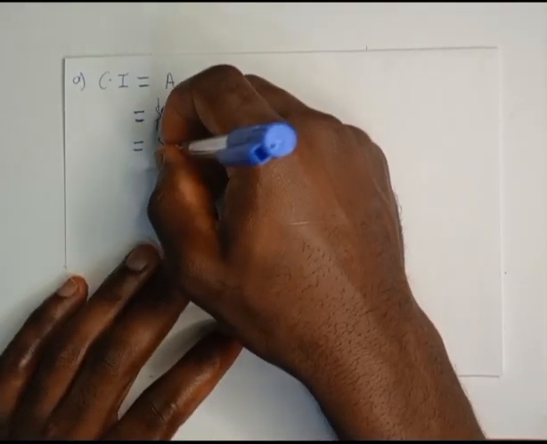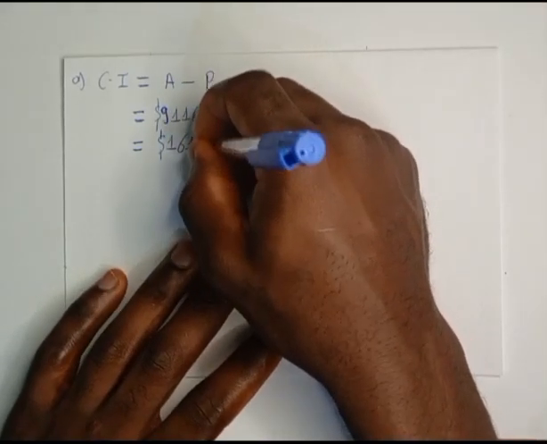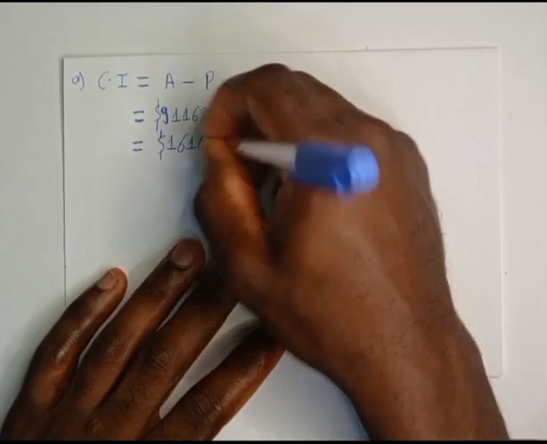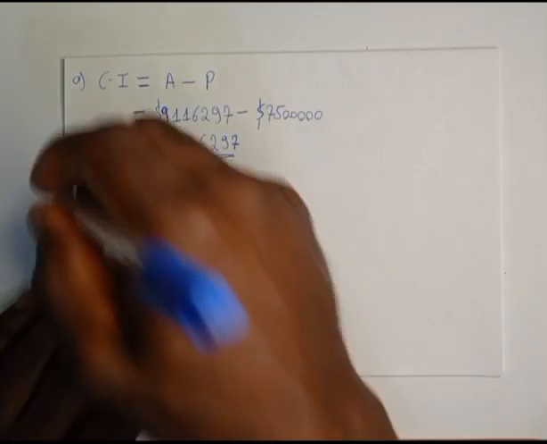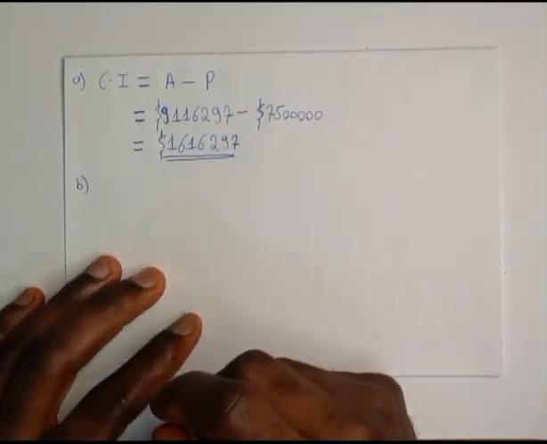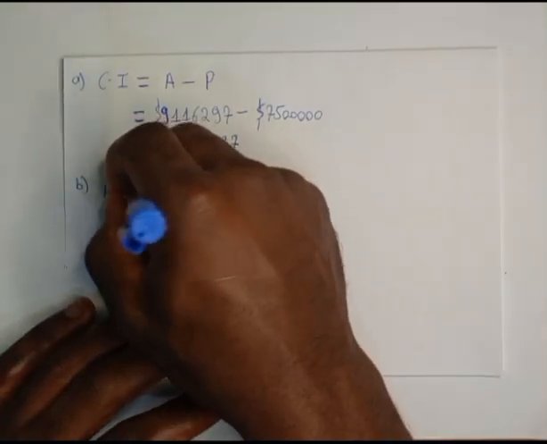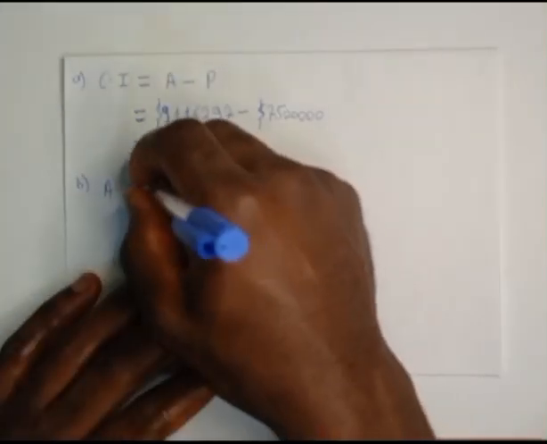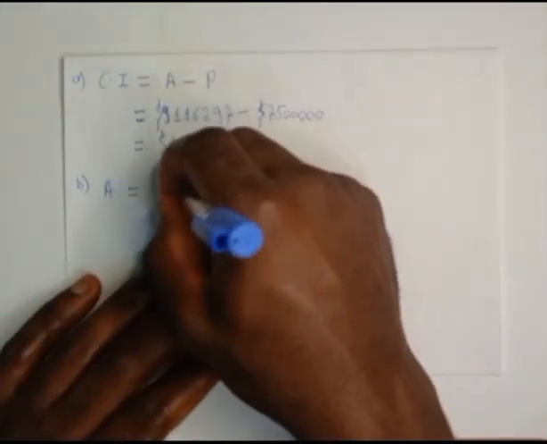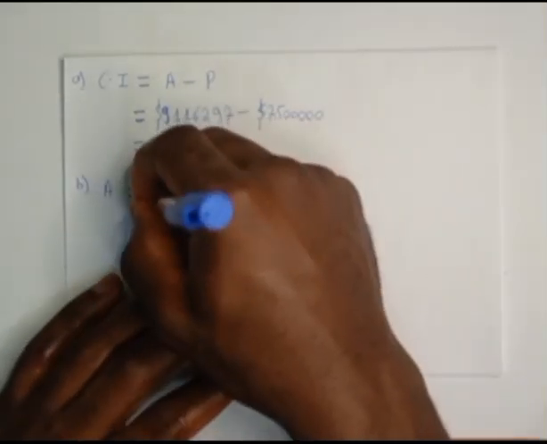This will give us a compound interest of $1,616,297. B is asking us to give the amount, which is already calculated. The amount A is equal to the compound interest plus the principal, which goes back to $9,116,297.